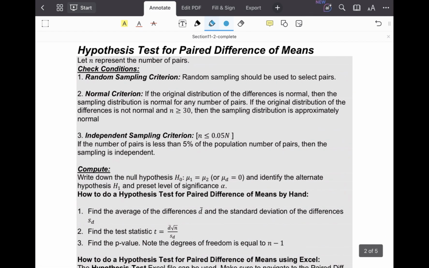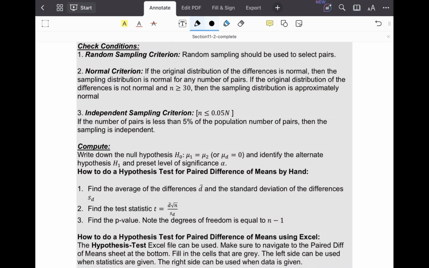Now here are the instructions for the hypothesis test, and note the number of pairs here. N is greater than 30, so N has a different meaning in this situation. This is still the number of pairs. This one here, it's less than the total population size, 5% of that total population size.